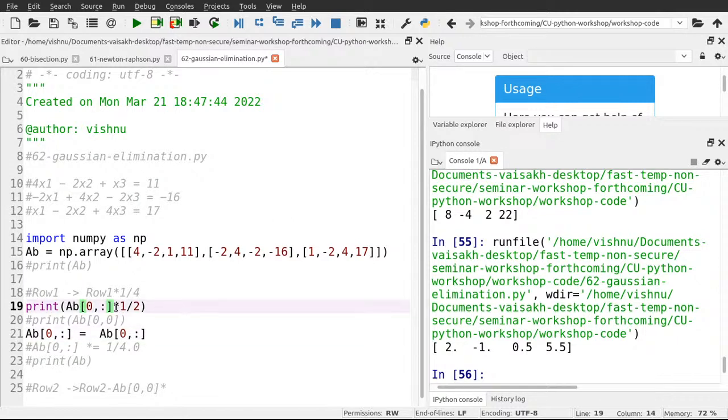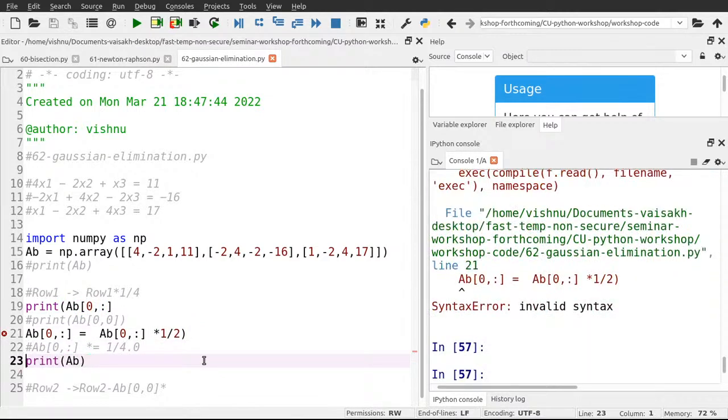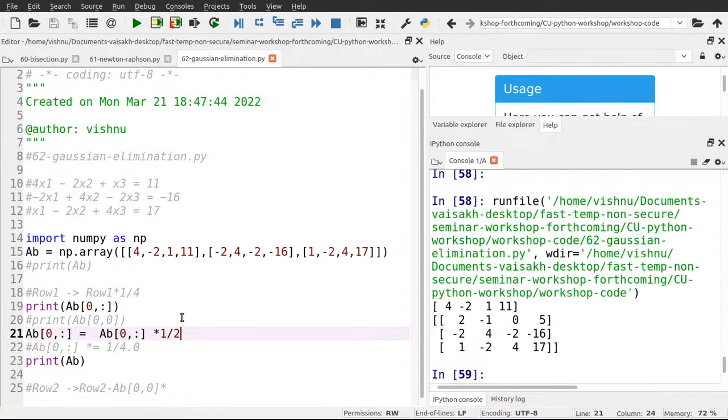I'm trying this on the right. Let me just see that. AB, which is invalid. Oh, sorry. 2 minus 1, 0, 5. 2 minus 1, 0. I think it's getting approximated somehow.